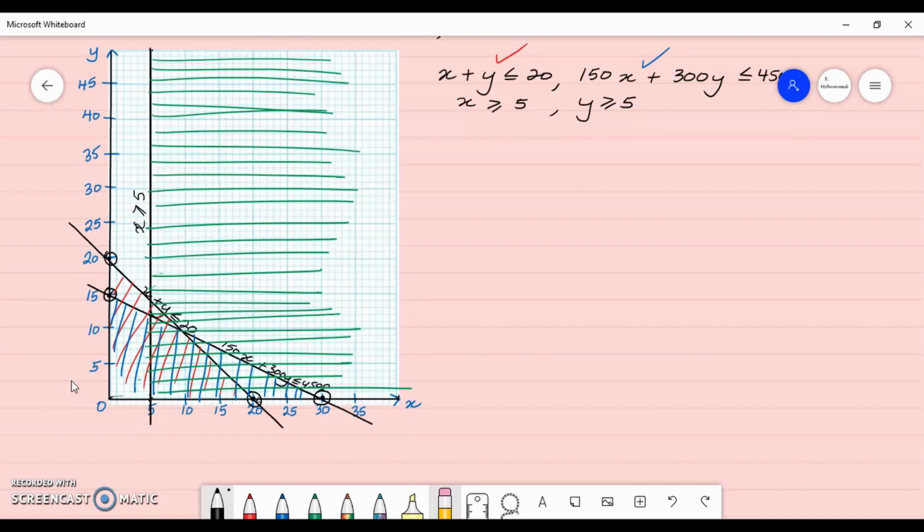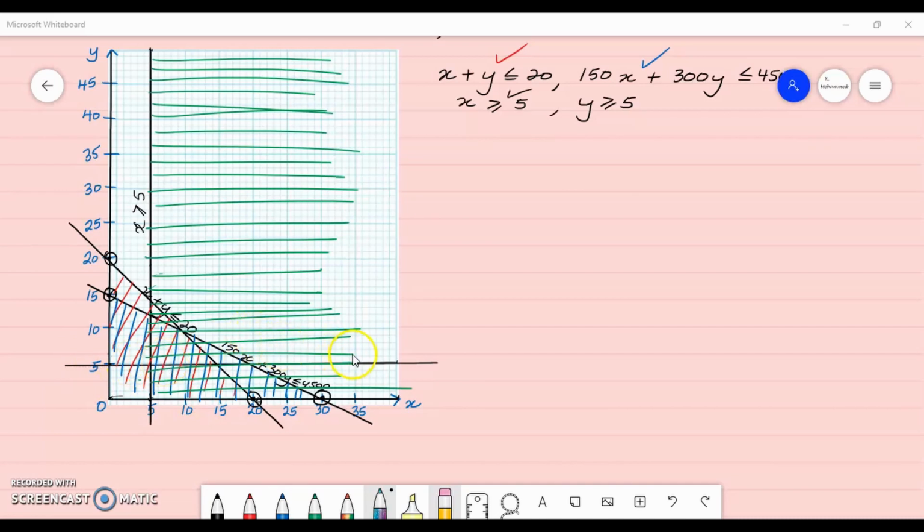Let's look at the line now. Y is more than or equal to 5. And that one is also straightforward. I look for the value where y is 5 on my y-axis, and here it is. And I draw a horizontal line through 5. Right, so that's my horizontal line there through 5, right?